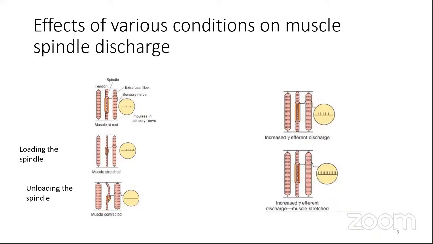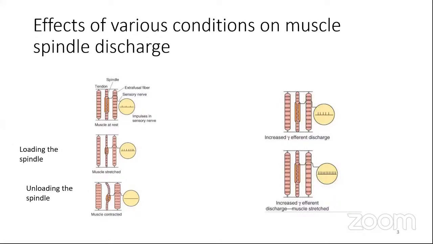So in this diagram, you can see the effects of various conditions on muscle spindle discharge. In the uppermost diagram, you can see the muscle spindle, that is the central one. This muscle spindle is arranged in parallel with the extrafusal fibers. They are seen on both sides of the muscle spindle.